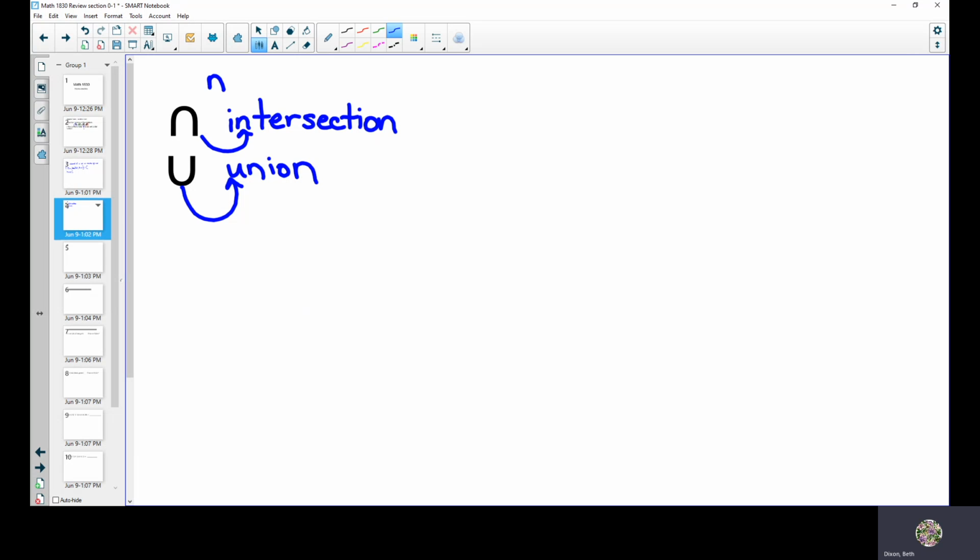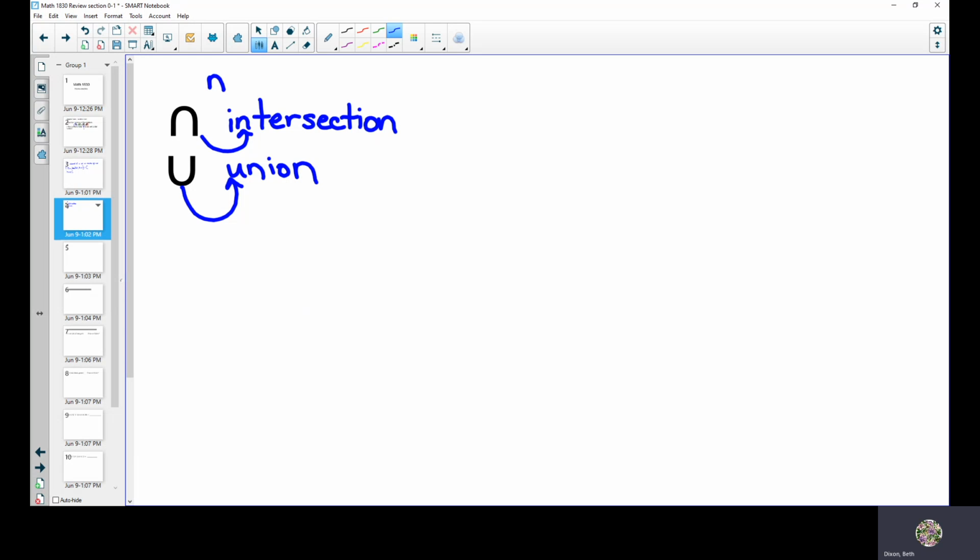Intersection sounds like an N, so I make it look like an N. Union starts with a U, so I make it a U. It works for me. If it doesn't work for you, then we'll need to come up with another method.